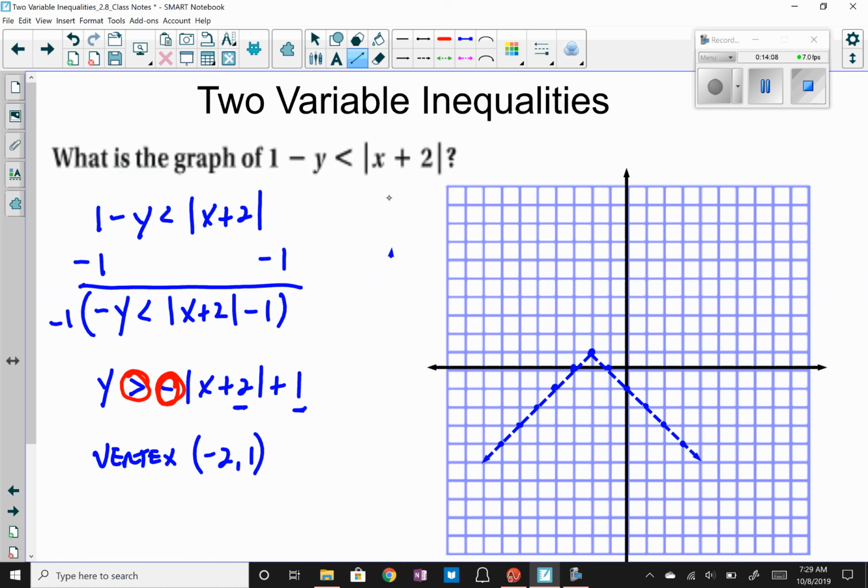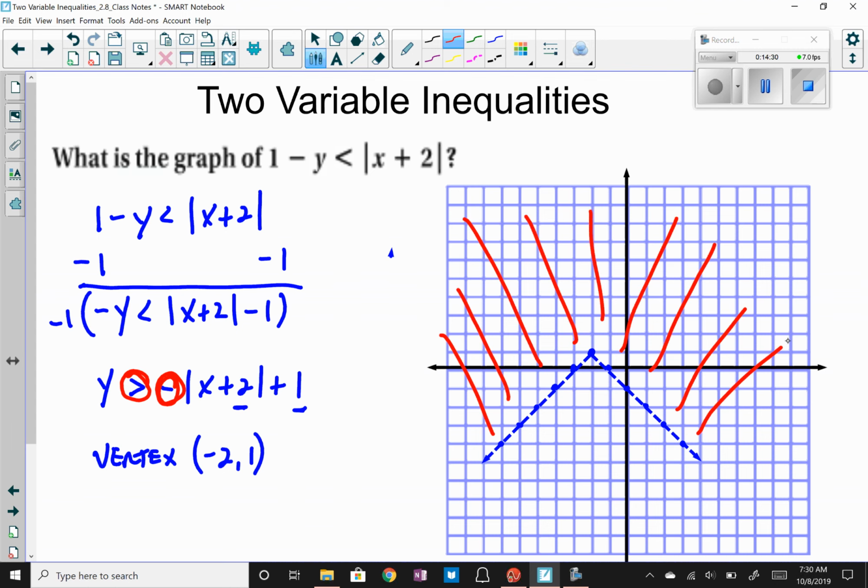And then the last thing we have to determine is where the solution area is going to be. Since we are greater than, then our solution will be above the line. So we'll shade here. And we have it graphed.